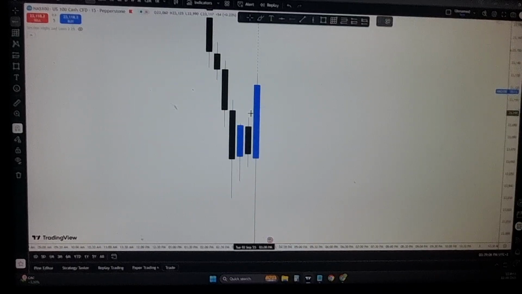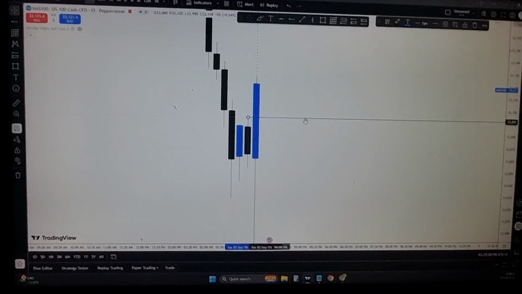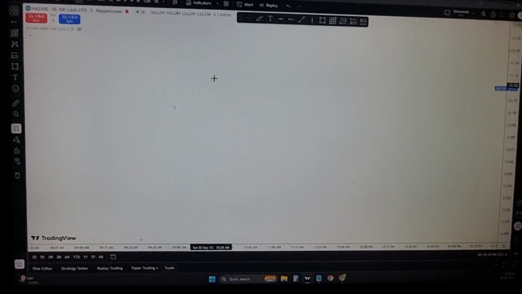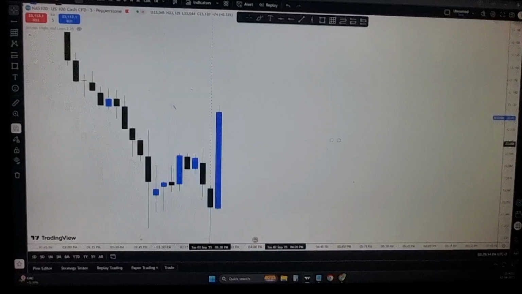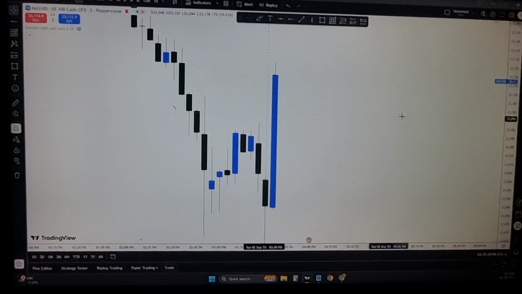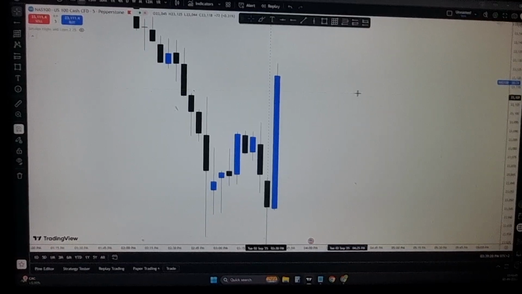Okay, we want to see a break on the 15 minutes. Wow, that's still in 5 minutes. Okay, maybe inversing a 15-minute fair value gap. It all depends on how this 5-minute closes.